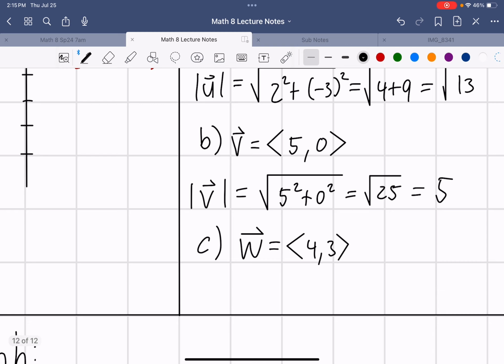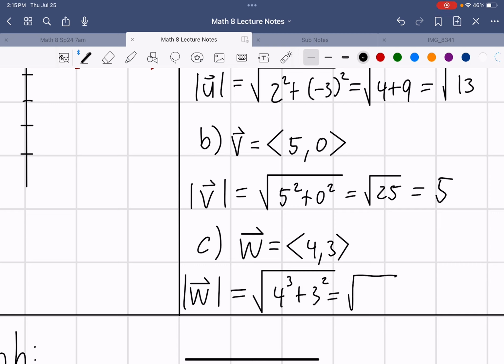And lastly, vector w, the magnitude is the square root of 4 squared plus 3 squared. Sorry, I said 14 squared, not 4 squared. I don't know why I wrote that. It's going to be 16 plus 9 is equal to the square root of 25, which is going to give us 5.